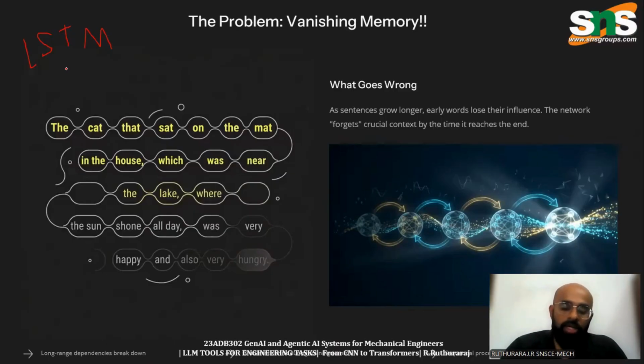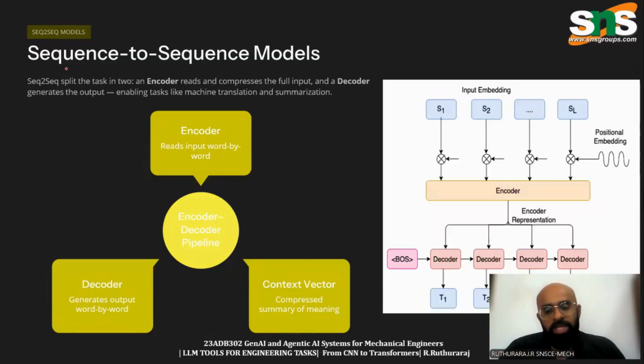With these concepts, many models came into existence. Around 2014, a model was introduced called the sequence to sequence model. Here, instead of a single LSTM or RNN model, two models were introduced: one was an encoder and the next one was called a decoder.